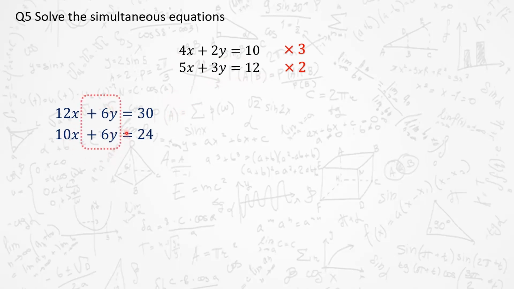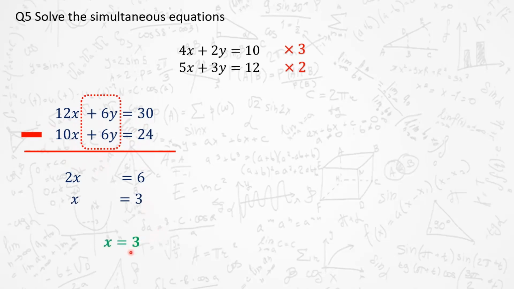So now my y terms are the same. Again, if they're the same, I need to use minus. 12x minus 10x gives me 2x. 6y minus 6y is nothing. 30 minus 24 is 6. So x equals 3.